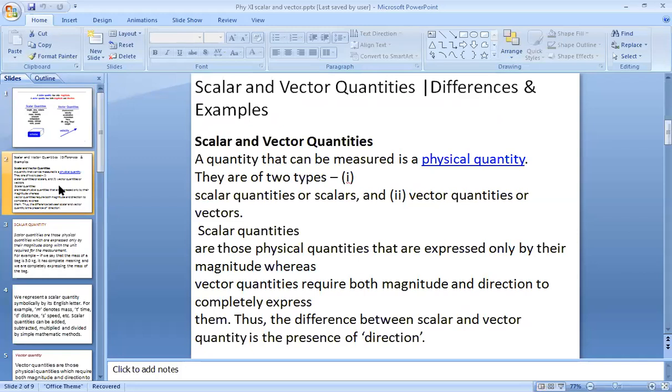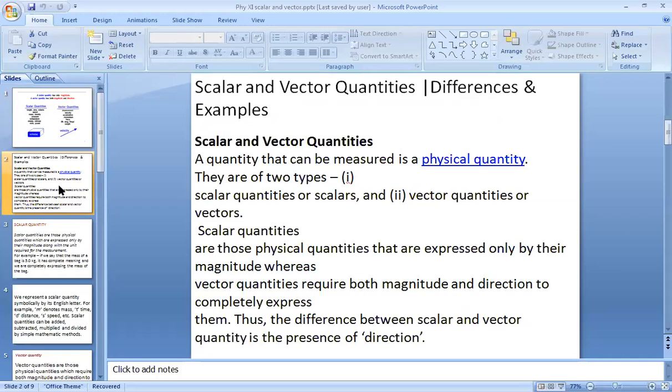A physical quantity consists of a magnitude and unit and sometimes direction. Scalar and vector quantities are written over here very clearly. You can learn this definition to recall in the exam or in a test. Scalar quantities are those physical quantities that are expressed only by their magnitude.